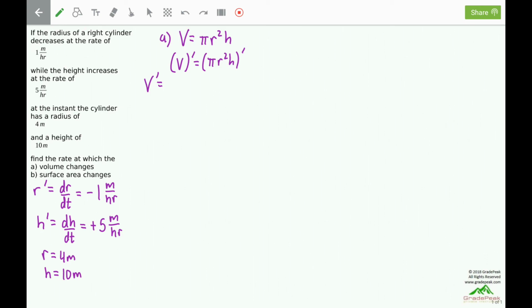The derivative of the first, the pi r squared: bring down the power, multiply it with the pi, subtract 1 from the power, multiply by the derivative of the inside to complete the chain rule, and then times the second left alone. Plus the first left alone, the pi times the r squared, and then the derivative of the second, the derivative of h is 1, and then times h prime to complete the chain rule. Every time we take the derivative of a variable, we get a prime due to the chain rule, because every variable is implicit on time.